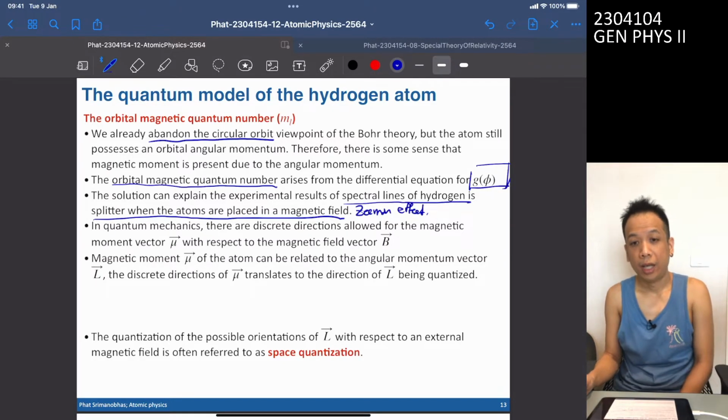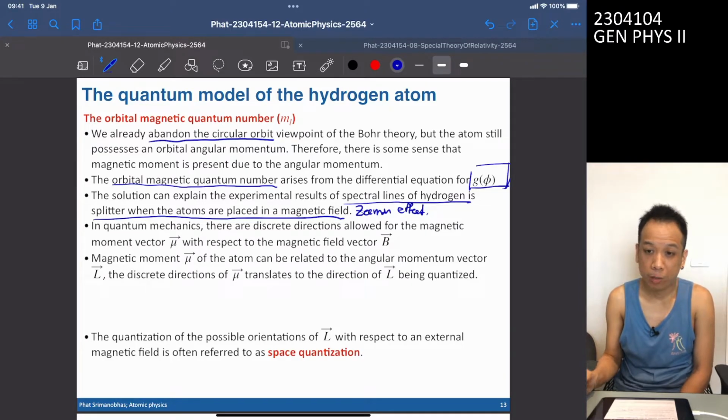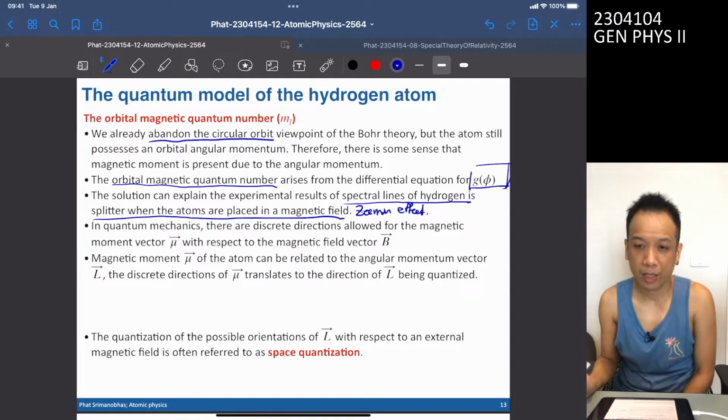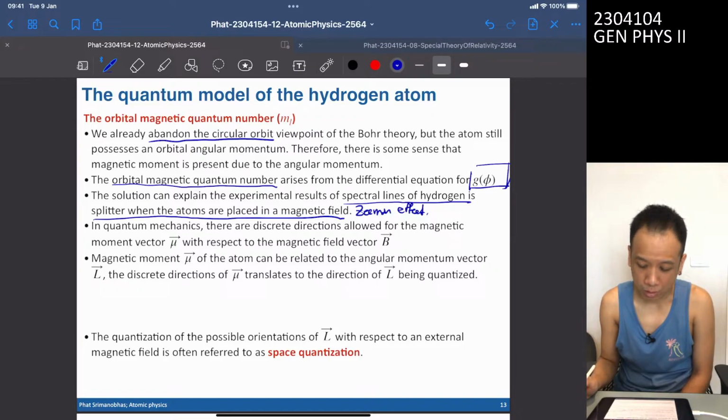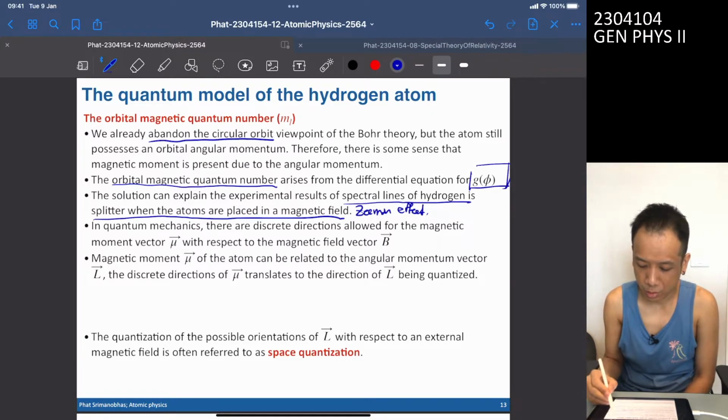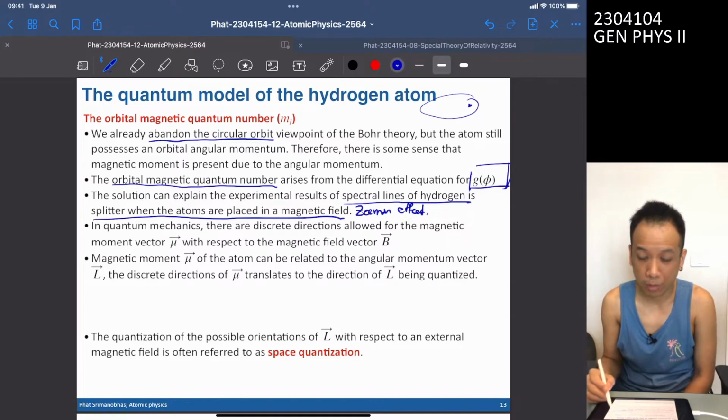The Zeeman effect cannot be explained in the Bohr model, but can be explained in the extension of the Bohr model, the Sommerfeld model. There the electron is not moving in a circular orbit but in an elliptical orbit instead. But from the quantum point of view, it can be described by the magnetic moment.